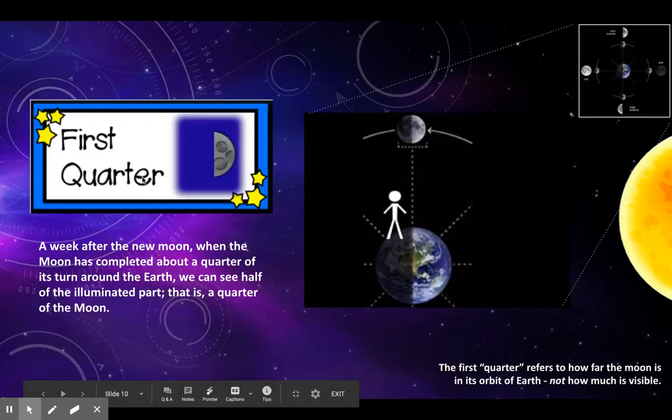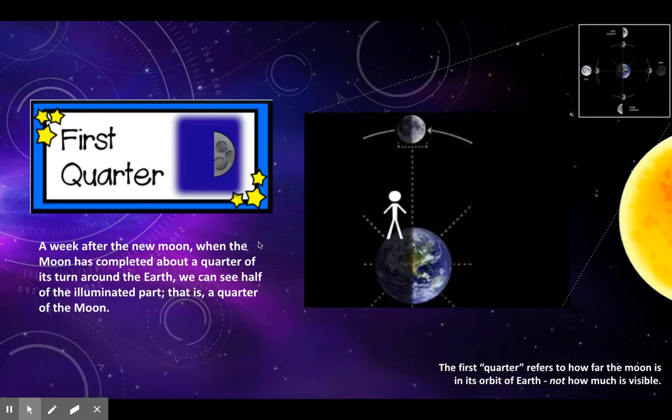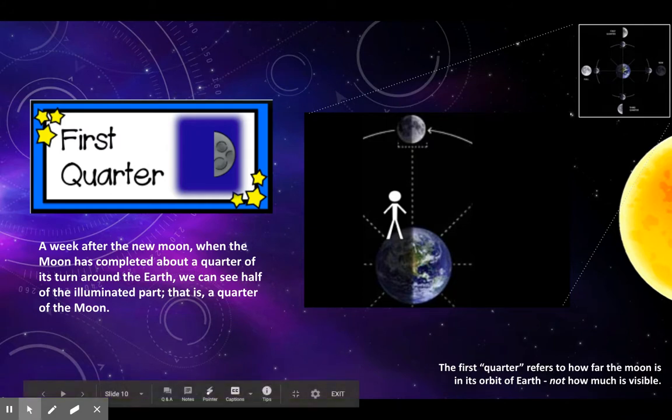First quarter. A week after the new moon, when the moon has completed about a quarter of its turn around the earth, we can see half of the illuminated part. That is a quarter of the moon. So the first quarter refers to how far the moon is in its orbit.